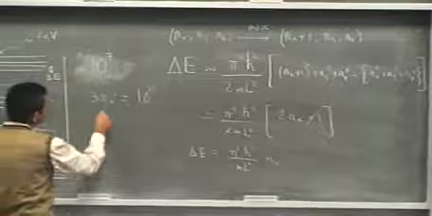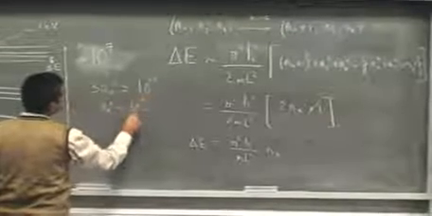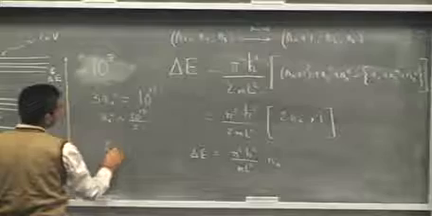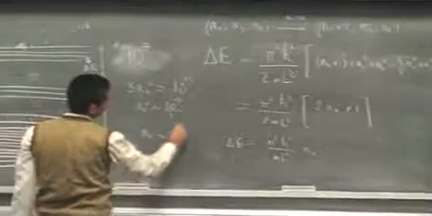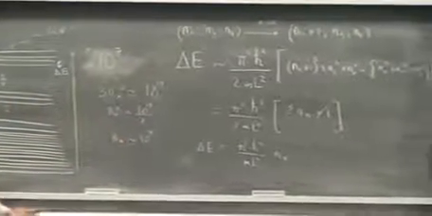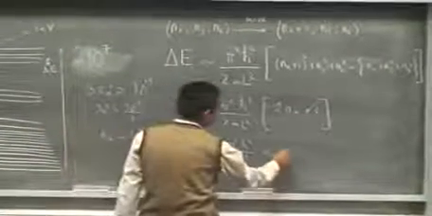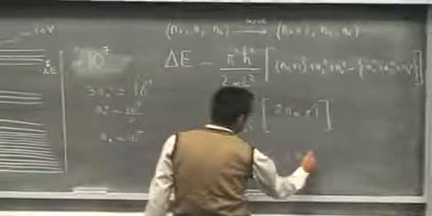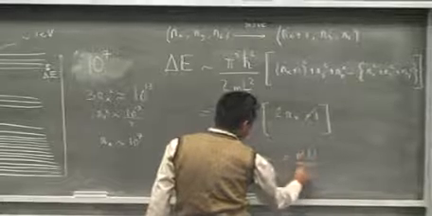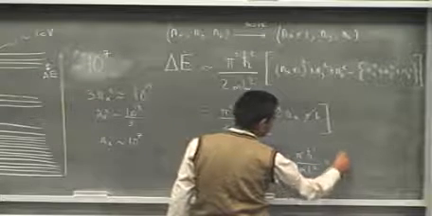Which means nx squared is about 10 raised to the power 13 divided by 3, which means nx is about, I would say, 10 raised to the power 7. I take the square root. I'm doing order of magnitude calculations. So this energy separation is pi squared h bar squared over m l squared times 10 raised to the power 7.